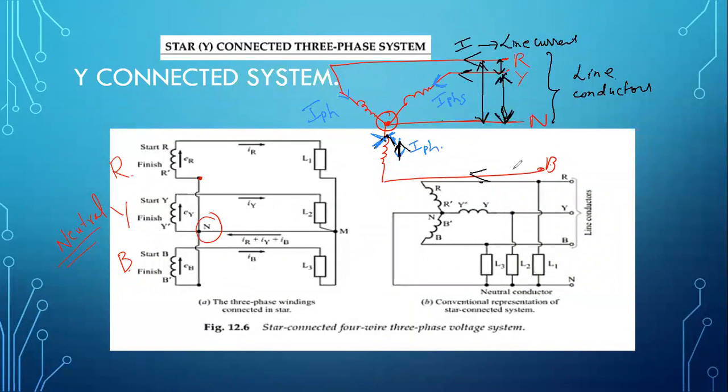So all those line currents are exactly the same as my phase current in this connection. This will not be the case in delta. Delta and star have relationships that are opposite.